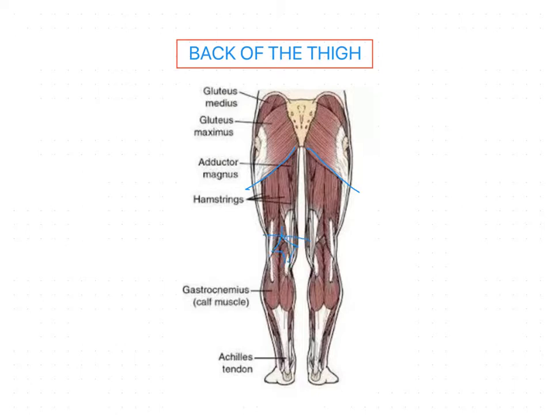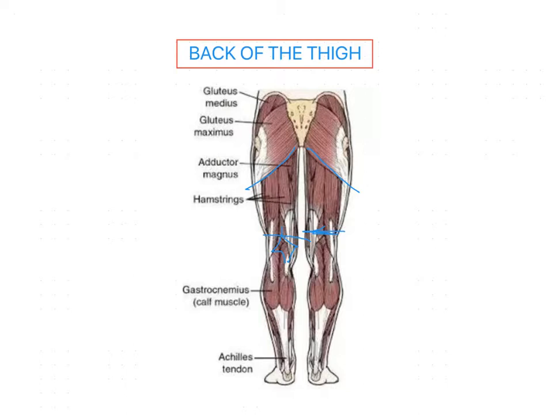So this is the upper limit of the popliteal fossa, and this is the extension of the back of the thigh.